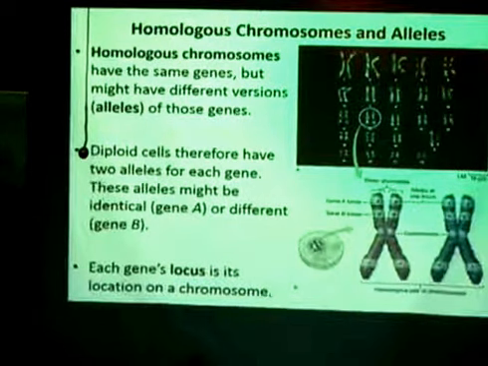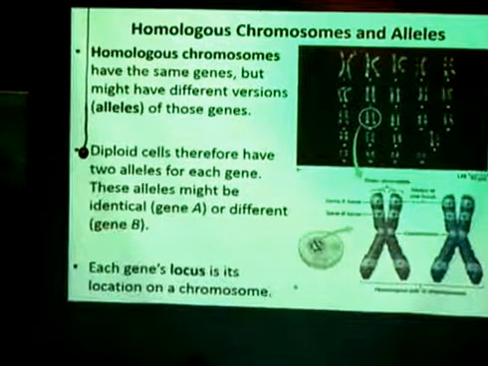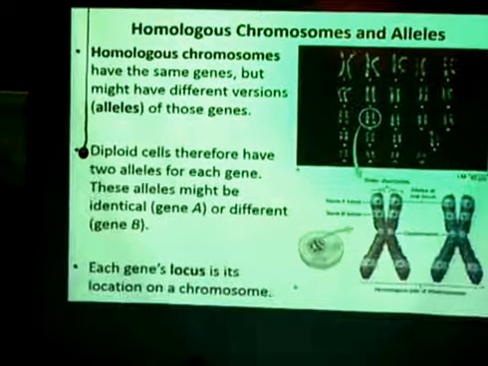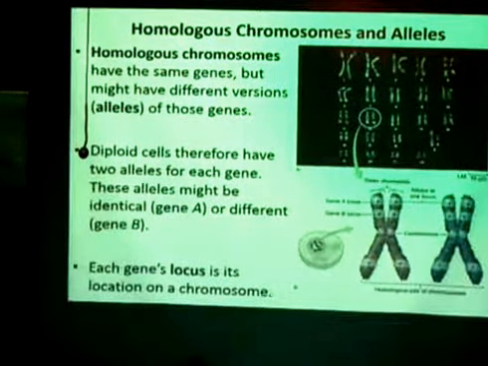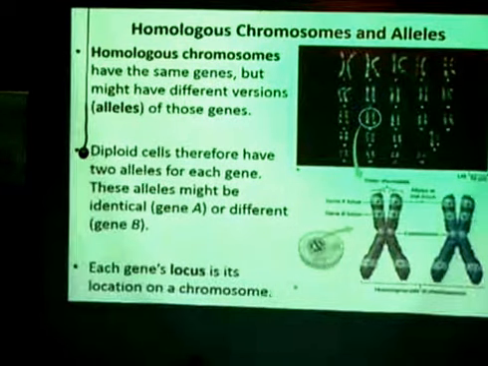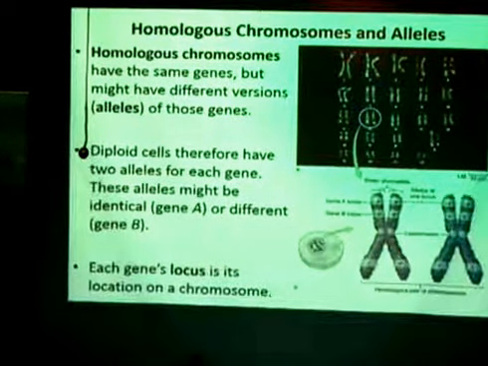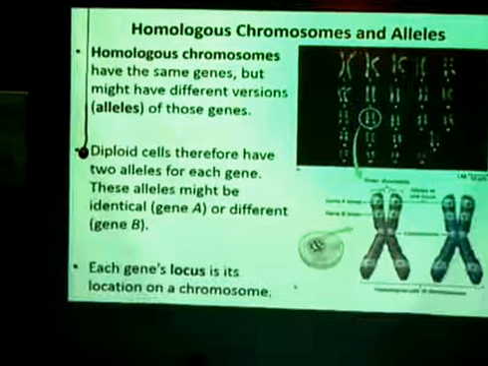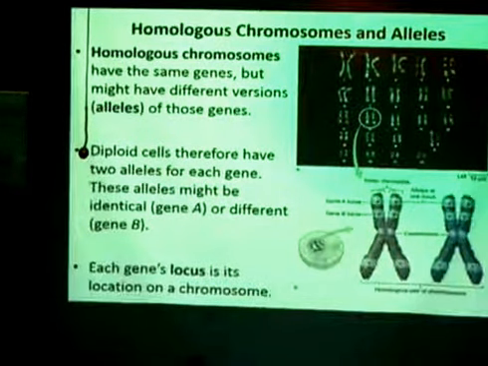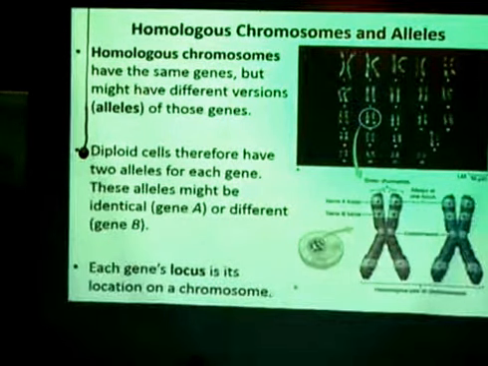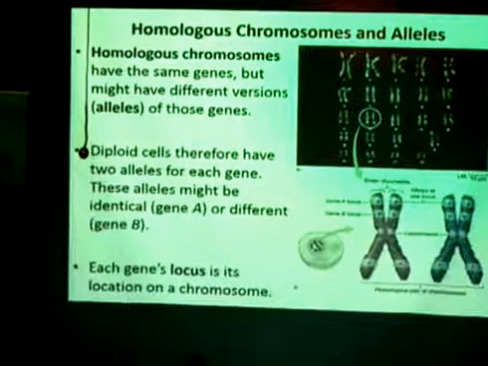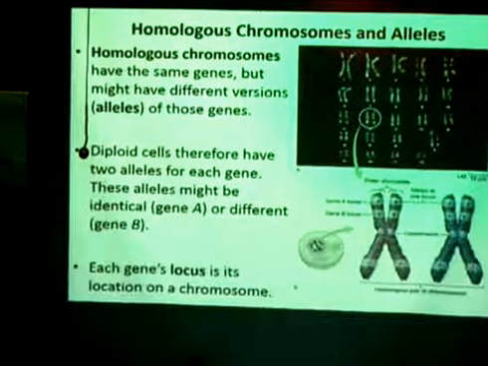In that case, this one is called homozygous also, because both are the same. Here they are different. When they are different from each other, that is a heterozygous condition. Hetero means different or other or variable. So whenever they are the same, whether they are big letters or little letters, they are called homozygous.